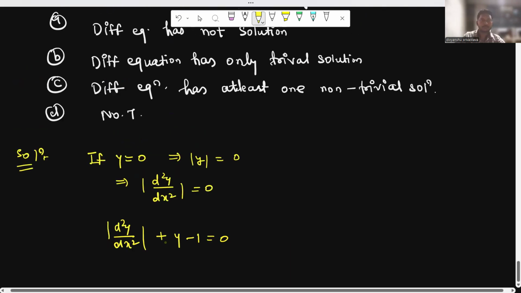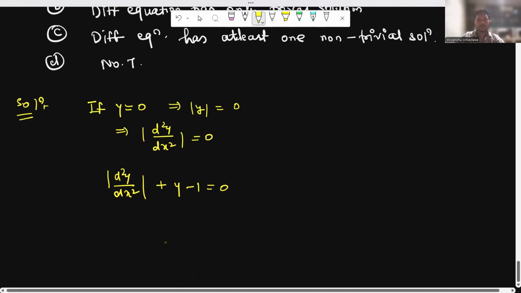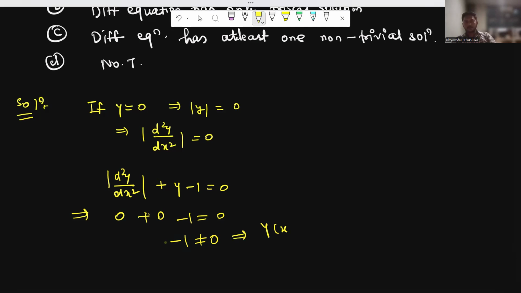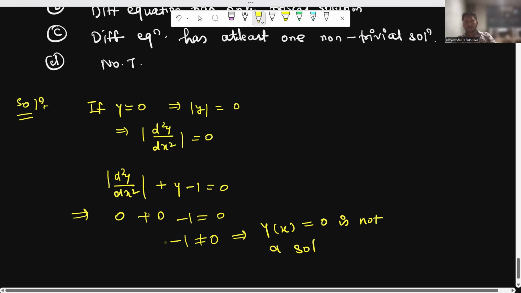So put 0 and 0 here, and lastly you get minus 1 which is equal to 0. But minus 1 is not equal to 0. Therefore y(x) equal to 0 is not a solution of the differential equation.